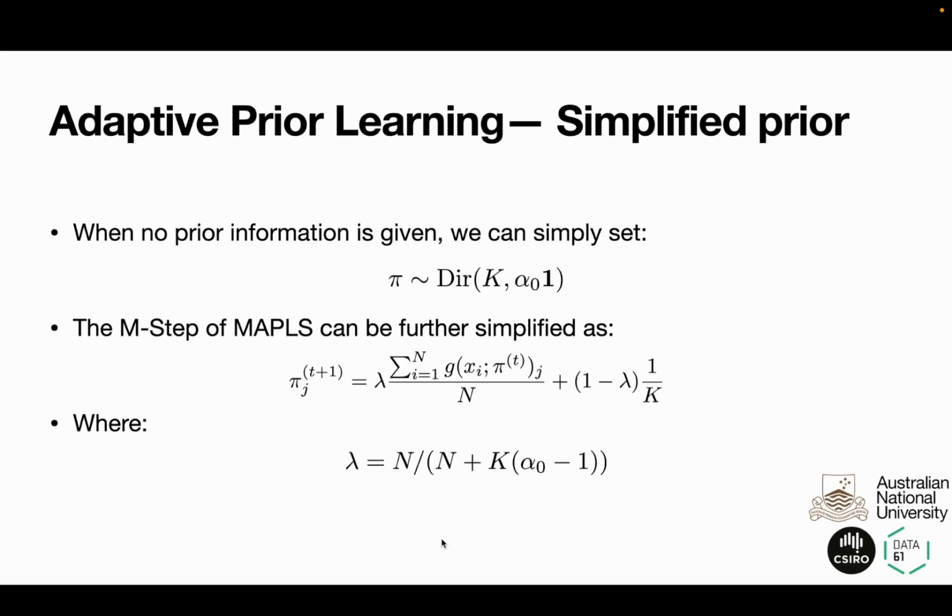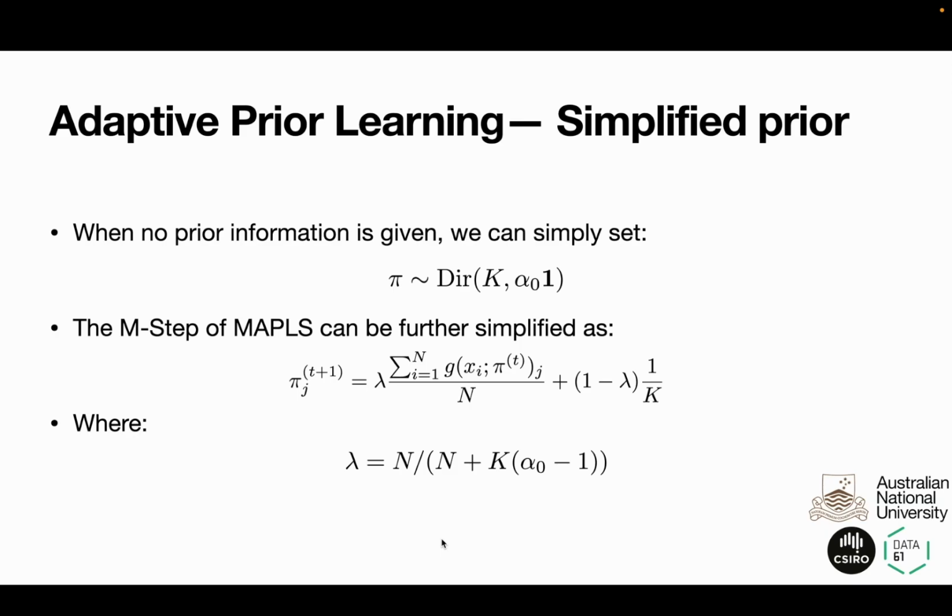Our MapLS algorithm requires that the parameter alpha of the Dirichlet prior be given. In this work, we also propose a novel adaptive prior learning model to determine the prior parameter given data. We first simplify the problem. When no information on the target label distribution is given, we can just choose the uniform Dirichlet prior. In this case, we only need to determine a single hyperparameter alpha 0, or lambda, the weight of the data contribution term.